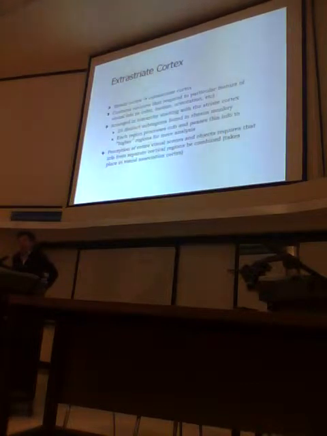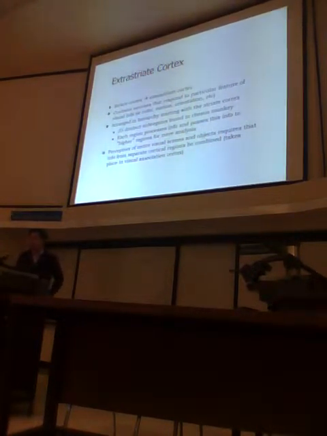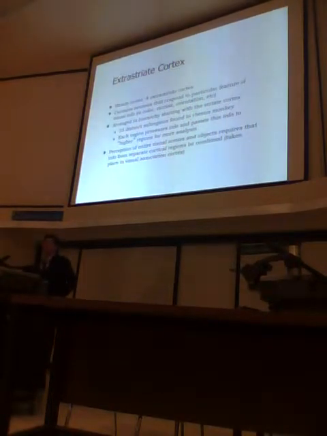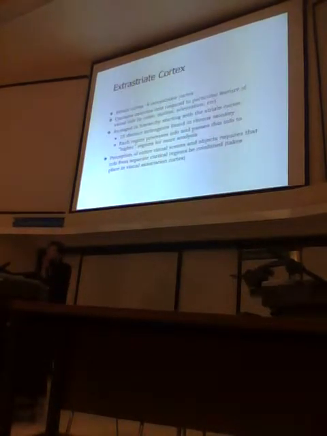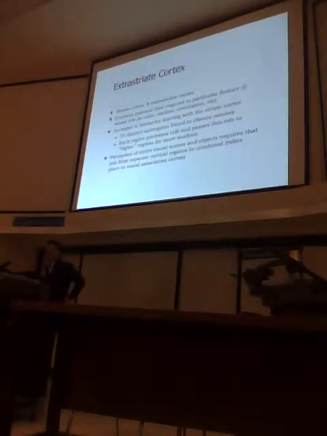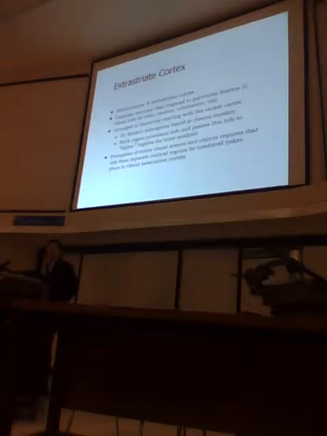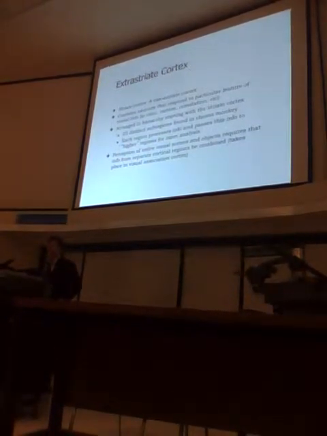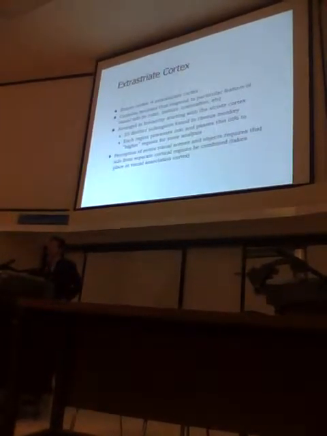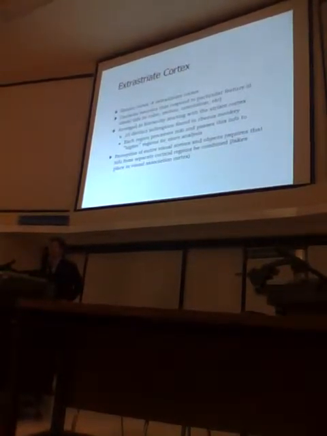So in monkeys, particularly rhesus monkey, we have as many as 25 distinct subregions of extrastriate cortex devoted to visual processing. And humans and monkeys, and to a certain extent cats, are very visual animals, highly visual. A lot of cortical real estate for visual processing.